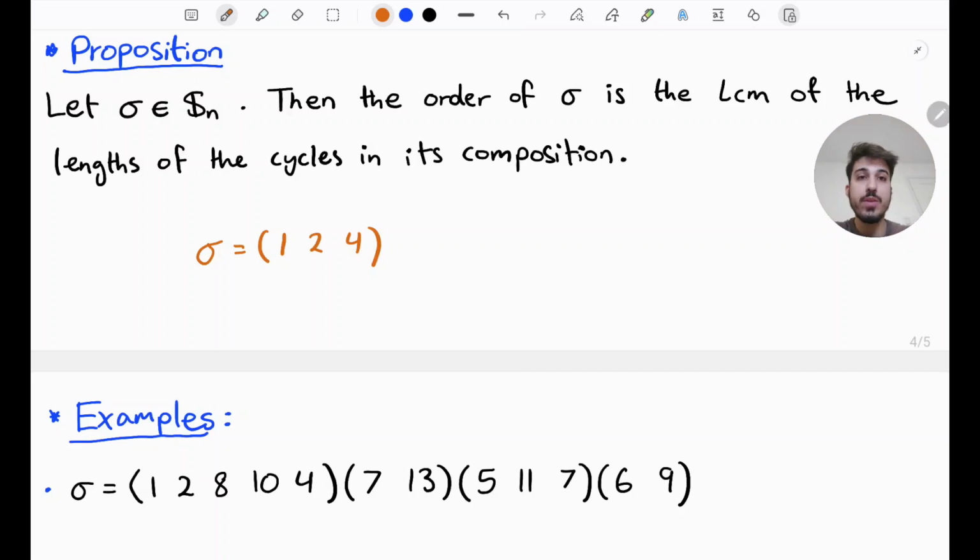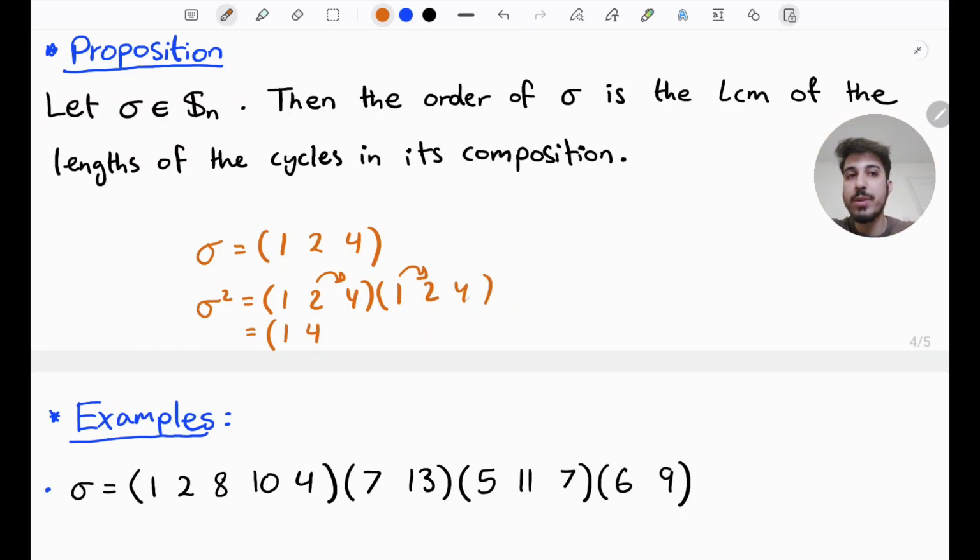So we want to really send 1 back to 1. How do we do that? So if we take sigma squared, right? So sigma squared is (1 2 4)(1 2 4), and we calculate that normally. We have that 1 goes to 2 and 2 goes to 4. So 1 goes to 4.